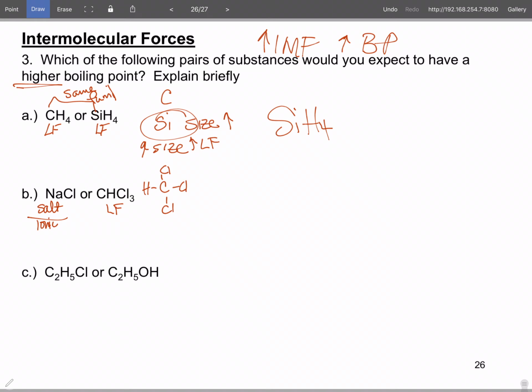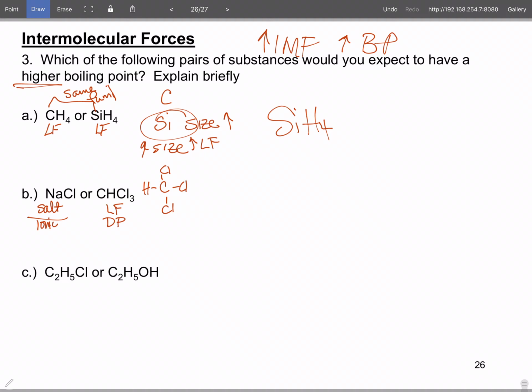It's a tetrahedral, so it's got polar bonds and it's unsymmetrical, so it will have a dipole. Will it have hydrogen bonding? No. We have the hydrogen, but it's attached to carbon, not an electronegative species. So we don't have hydrogen bonding.